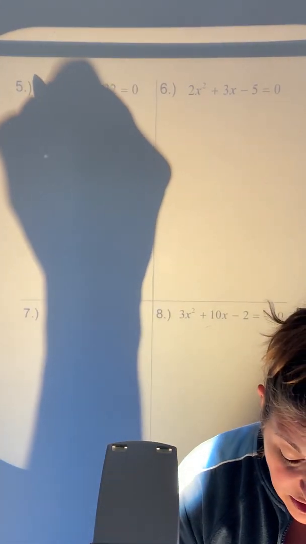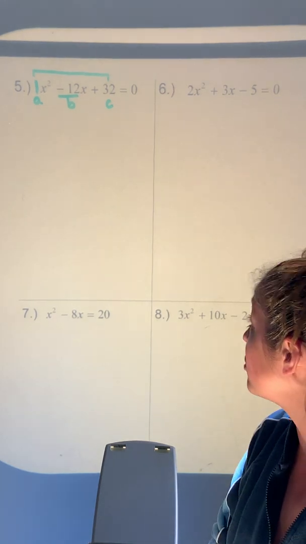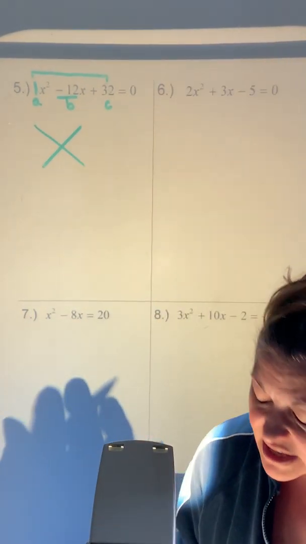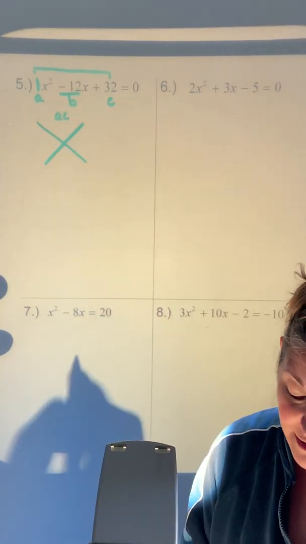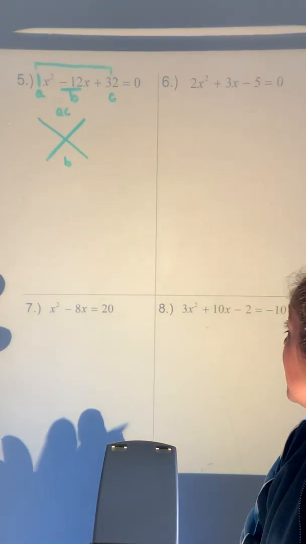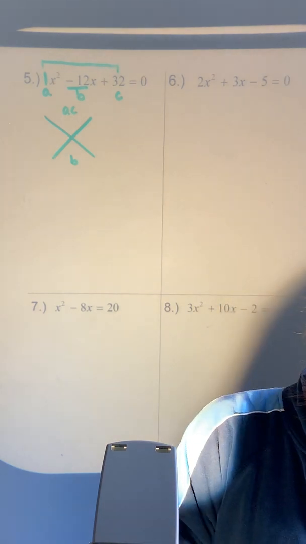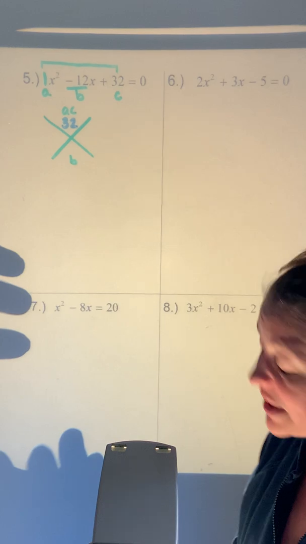So the first thing you want to do is go ahead and multiply the A and the C. So that would give us 32. And what Edgenuity was doing was just organizing that in an X. They were saying, well, let's put that AC value up top here, and whatever the B value we'll put in the middle there. So 1 times 32 gave us the 32, so that's what would go up top here.